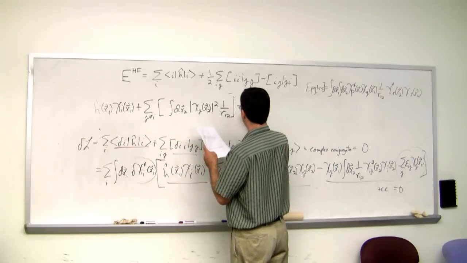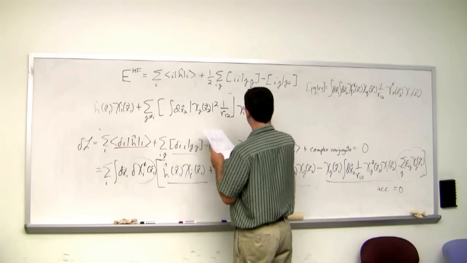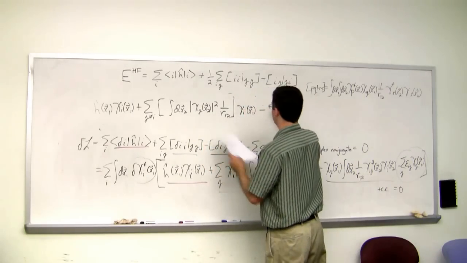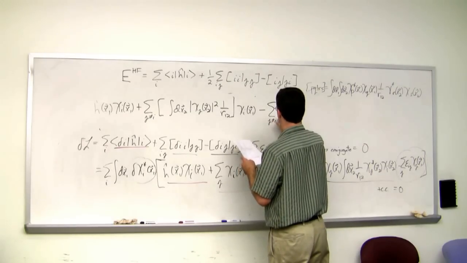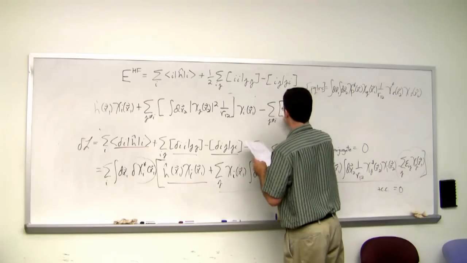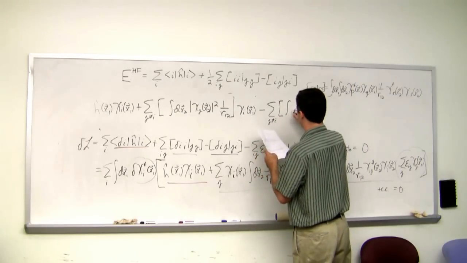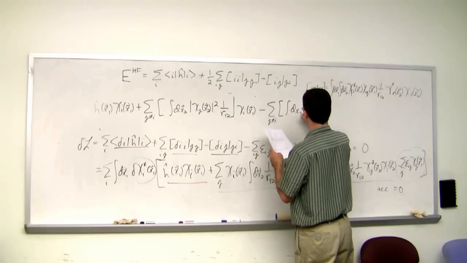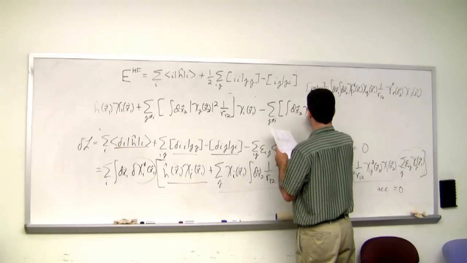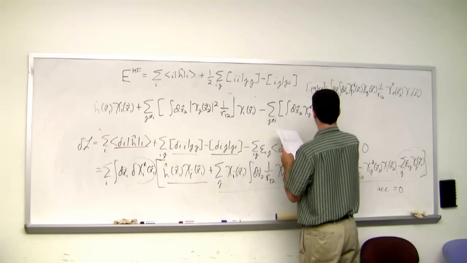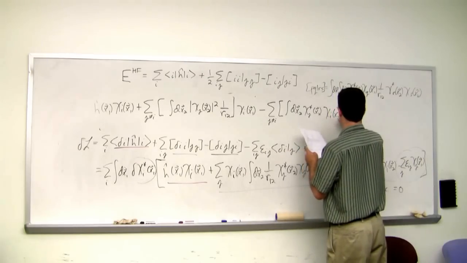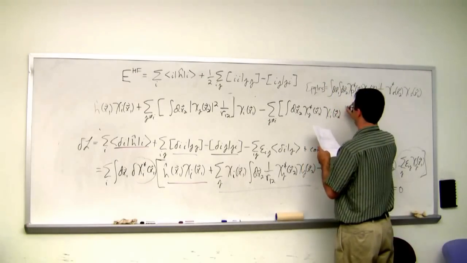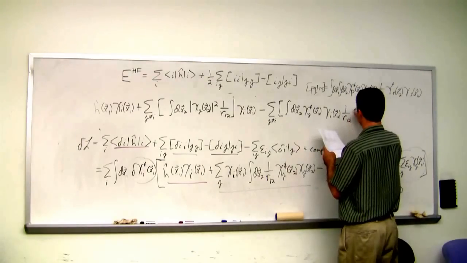That acts on chi i of x1, minus, that's the Coulomb term, now the exchange term, sum over j not equal to i, integral dx2 chi j star of x2 chi i of x2, 1 over R12.